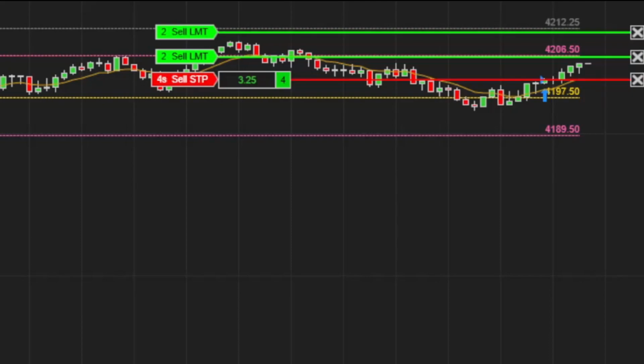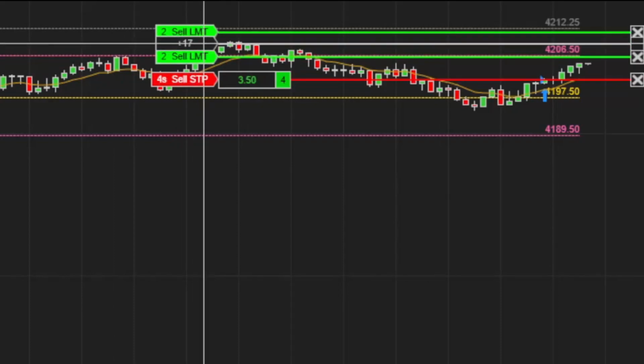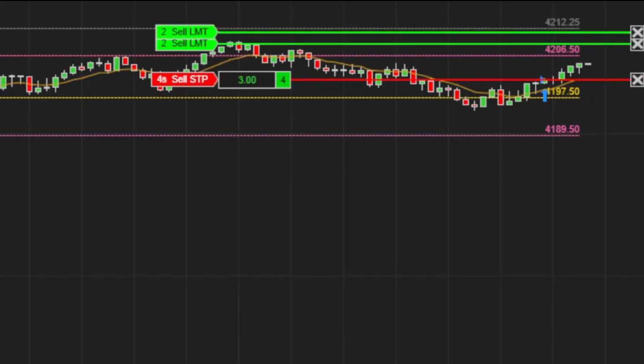All right, so now we're getting close to my first take profit target, and I decide I'm going to move it up, and I'm just going to sell both of them at the same time. I'm not going to fool around with taking a partial profit. I'm just going to take the whole profit when I decide to take it.